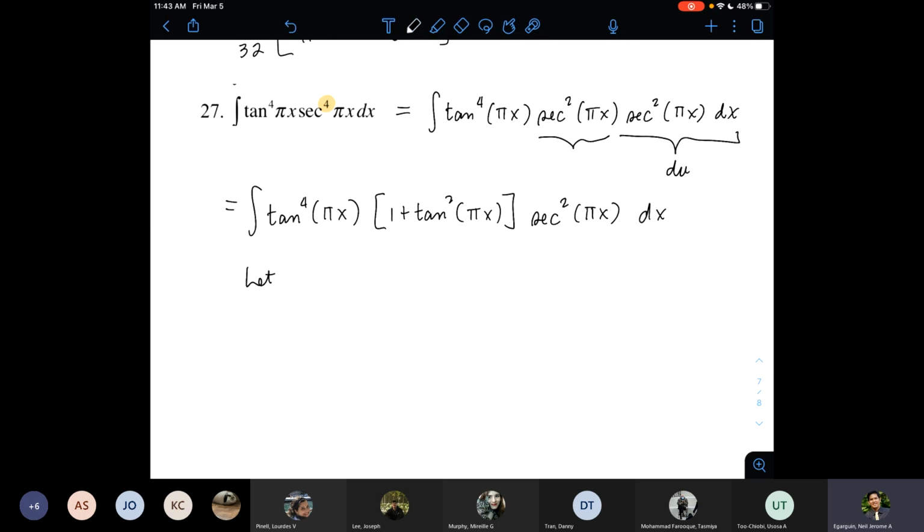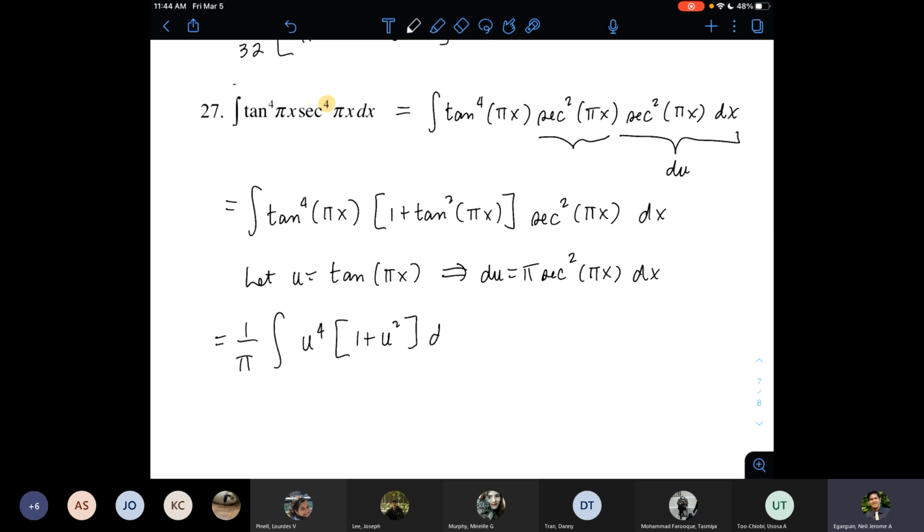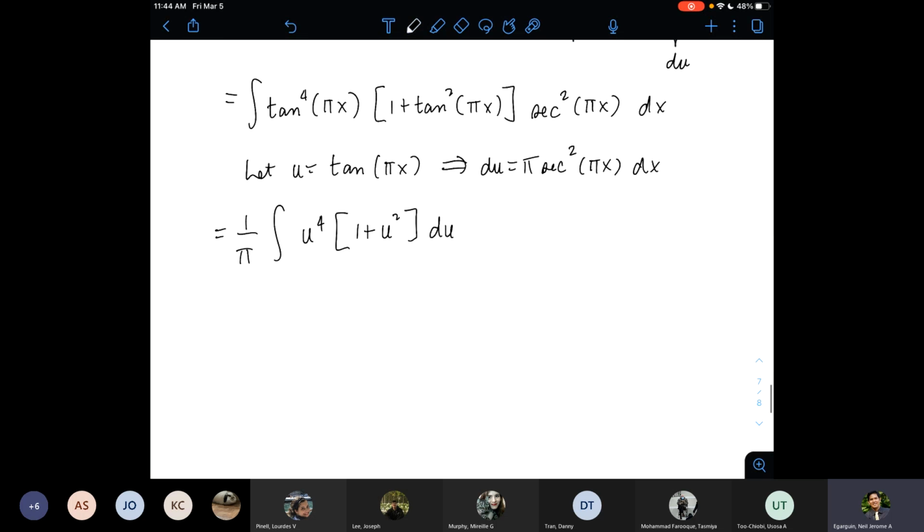Then now I can do the u substitution. I can let u be equal to tangent of pi x. That means du is secant squared pi x dx times pi, right, by the chain rule. So we'll have a 1 over pi outside times integral of u to the fourth times 1 plus u squared du, as we planned.